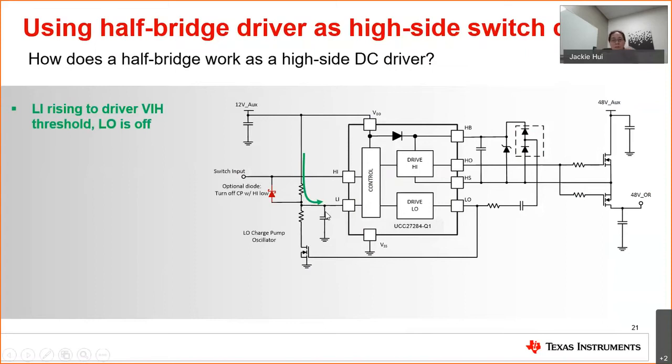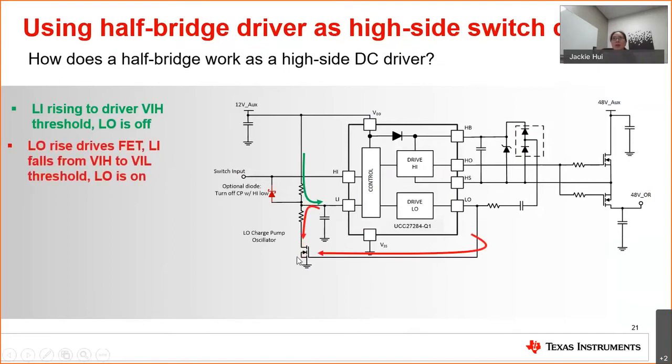And as the voltage increases above the VIH threshold, the output turns on. And when the output turns on, it will then turn on this signal FET.